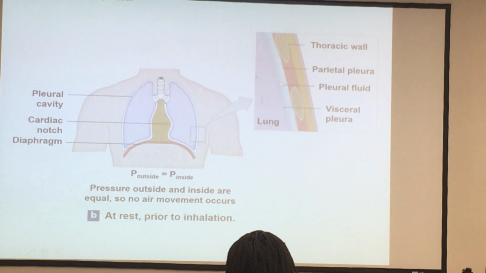And if we amplify, you can see the parietal pleura touches the thoracic wall here. Okay, very tiny one. And they have pleural fluid in between, in the pleural cavity, and the visceral pleura just covers the lung.